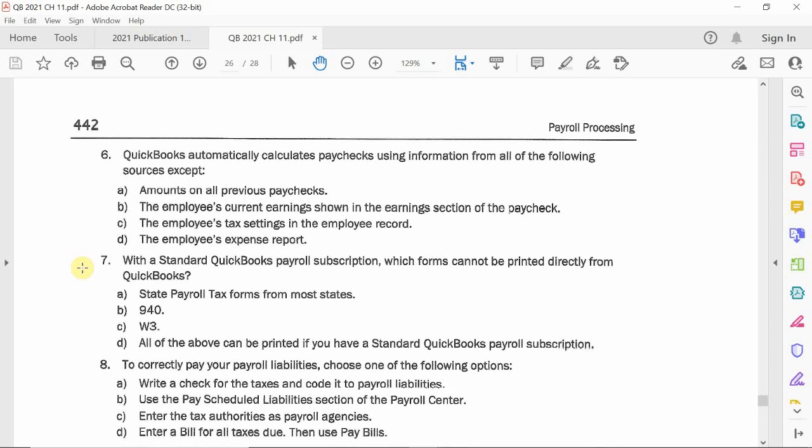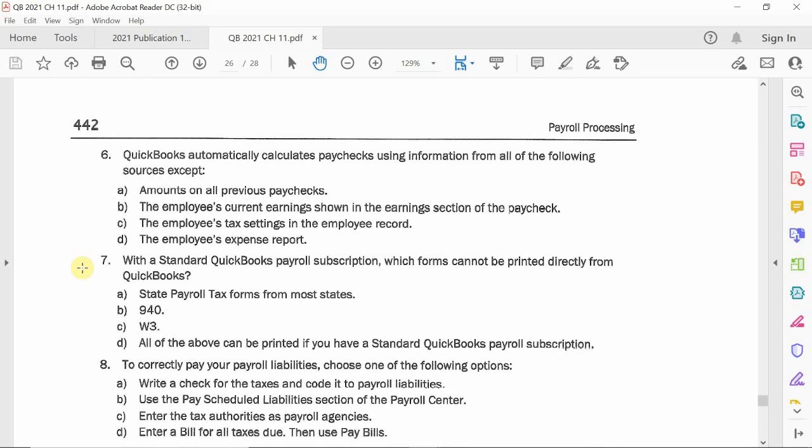A. D. I say D. D, all of the above can be printed if you have a standard QuickBooks payroll. So in this case, D is not correct.